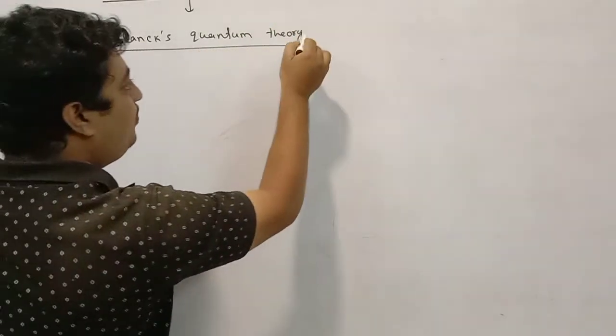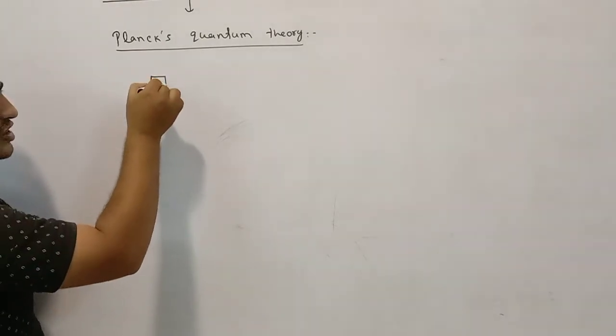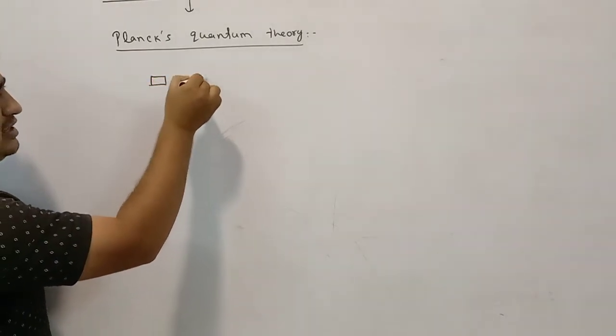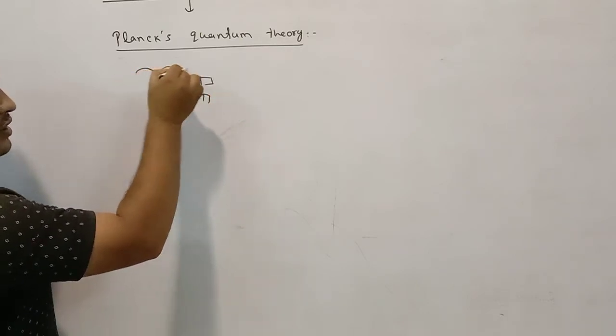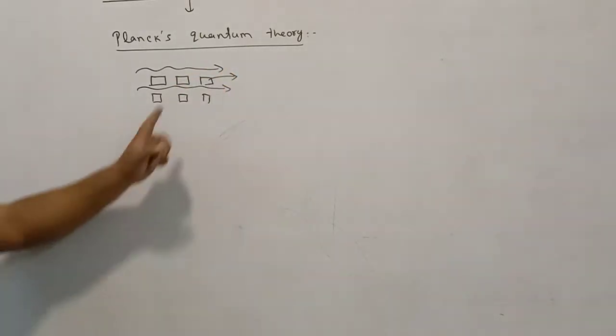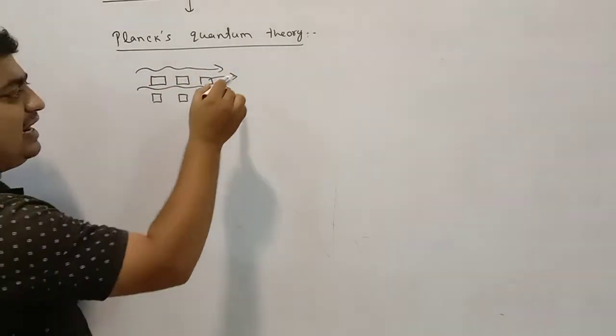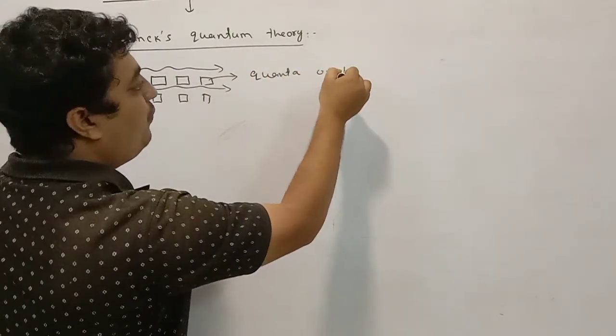According to Planck's quantum theory, light consists of small particles or energy packets. These energy packets or particles of light are called quanta or photons.